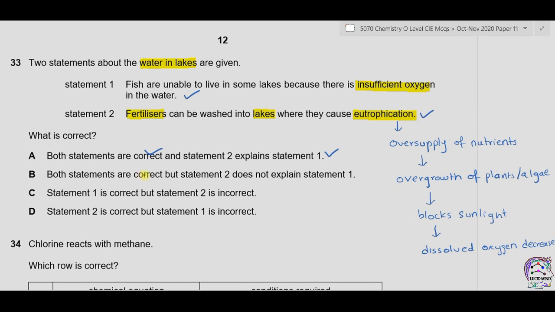B. Both statements are correct, but statement 2 does not explain statement 1. This is wrong. C. Statement 1 is correct, but statement 2 is incorrect. Statement 2 is also correct. In D, statement 2 is correct, but statement 1 is incorrect, so D is also incorrect. The answer is therefore A.